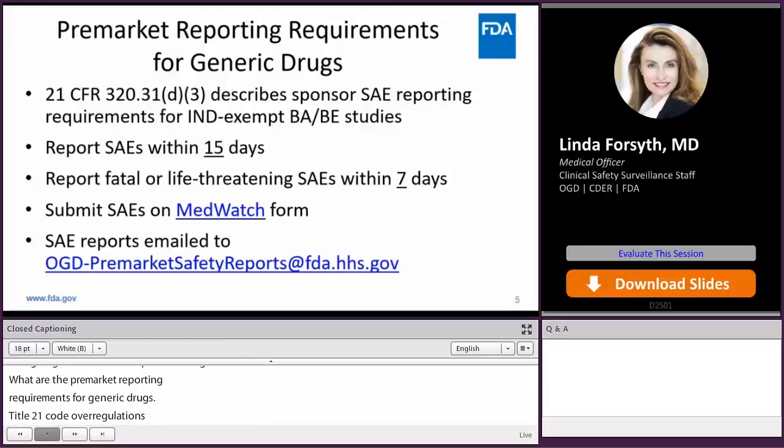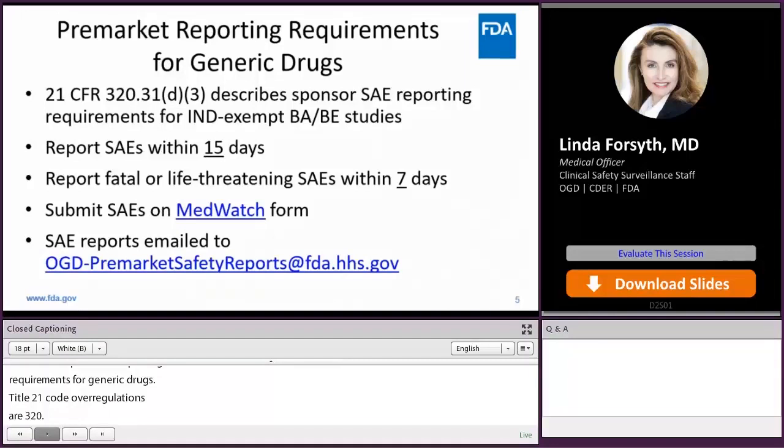Sponsors are required to notify FDA of SAEs and all participating investigators no later than 15 calendar days after becoming aware of its occurrence. In the case of death or life-threatening SAEs, sponsors must submit an SAE no later than 7 calendar days.